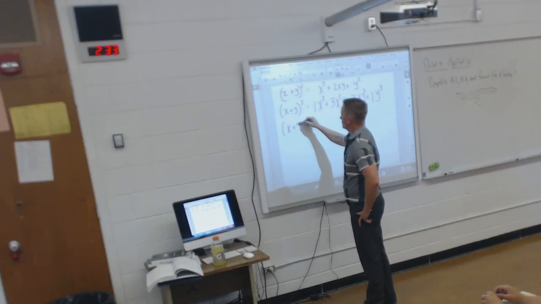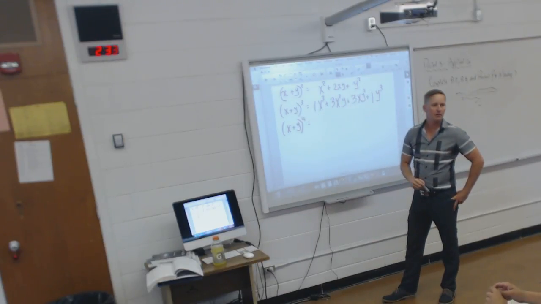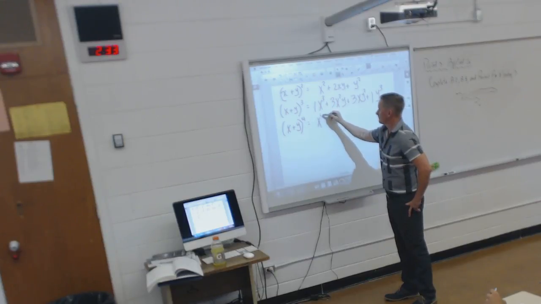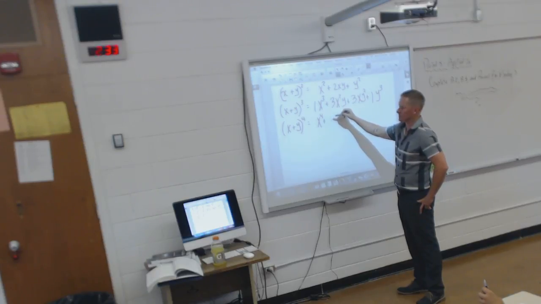Okay. So let's do this one more time. All right. X to the fourth plus 4x cubed y plus x squared y squared plus x y cubed plus y to the fourth. Again, let's go without coefficients for a second.